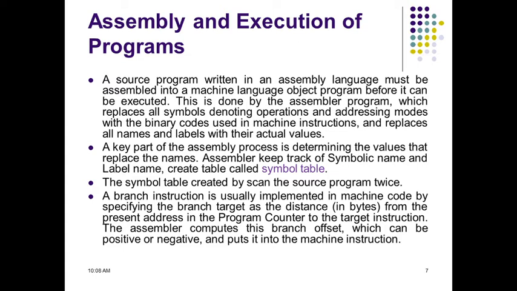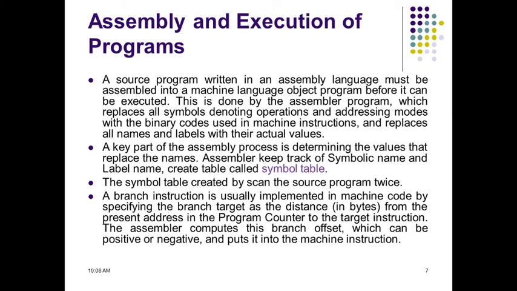For example, the names start and loop will be assigned the values 100 and 112 respectively. So normally, the assembler must keep track of all the addresses as it generates the machine code for the successive instructions.